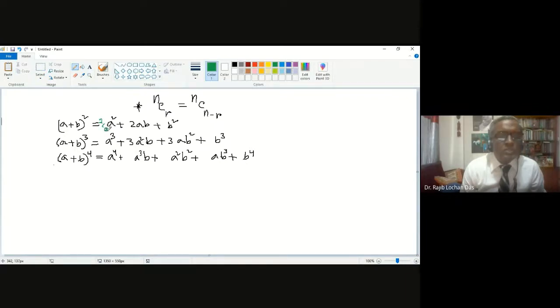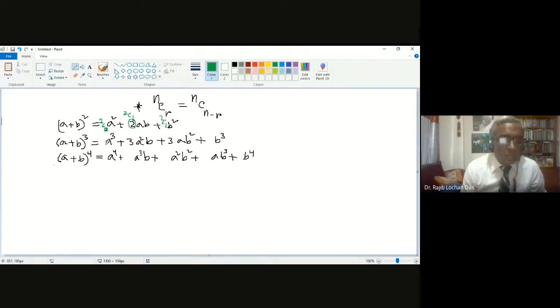This one is 2C0, the first number. And then this number 2 is actually 2C1. And the last number is 2C2. So that is why we are getting 1, 2, and 1.